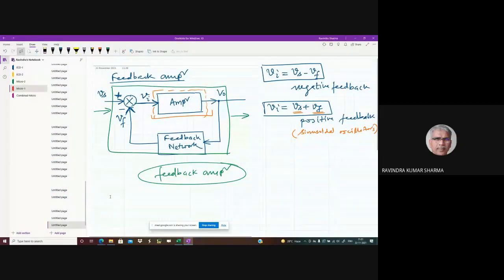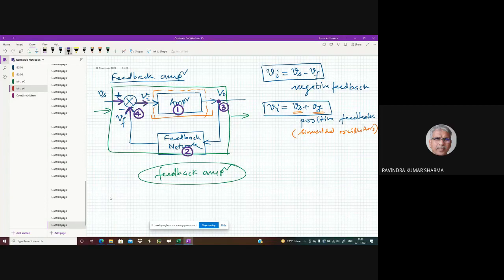Yes, sir. So in a feedback amplifier, there are four important ingredients. What are those four things? First, it has an amplifier. Second, it has a feedback network. Third, it has a take-off point, from where we take the output and give it to the input of the feedback network. Fourth is a mixing point where I am mixing the signal with the feedback signal.